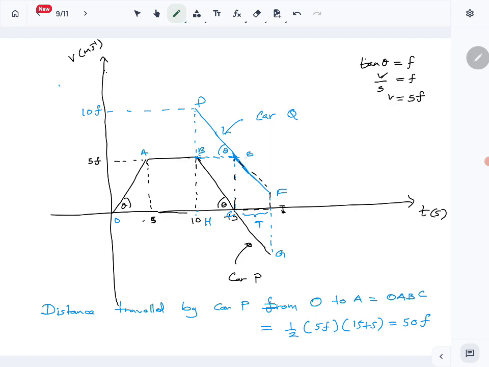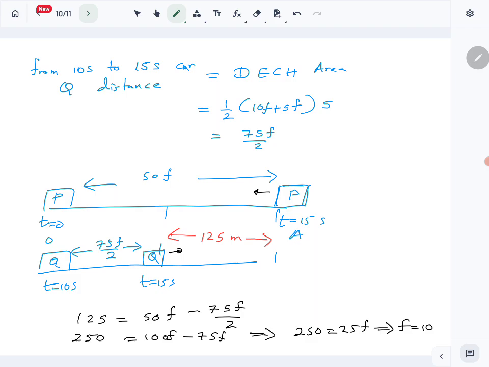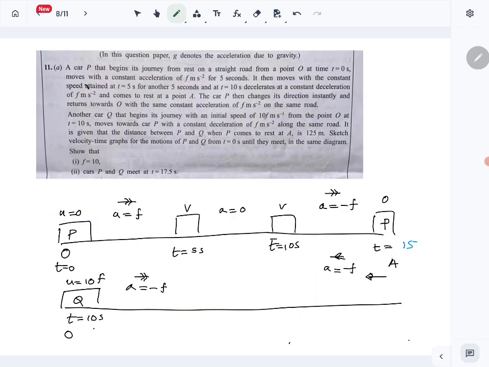So both areas together is what? If I just combine them, that is going to be CEFG area. That is clear, no?